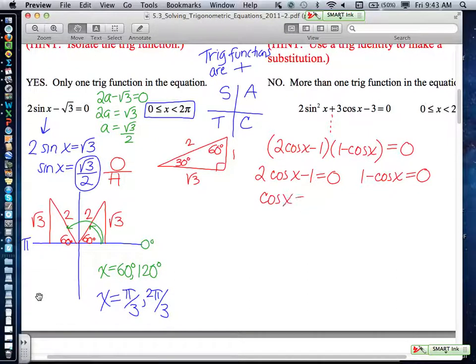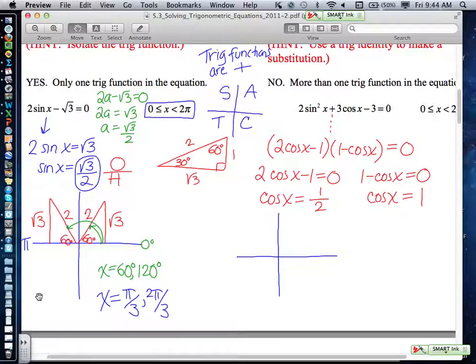Here, cosine x is equal to, when I add 1 and divide by 2, I get a half. Here, cosine x is equal to positive 1. To figure out the angles where the cosine is a half, I need to draw a reference triangle. So here's my axes.